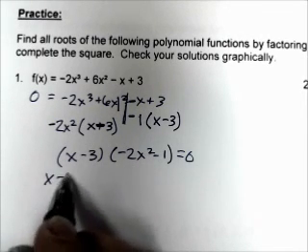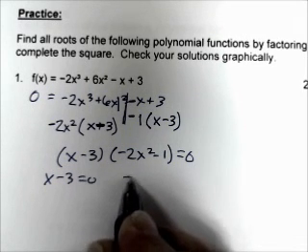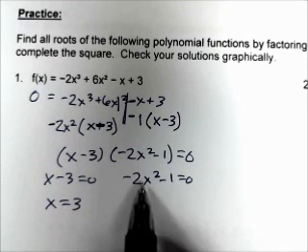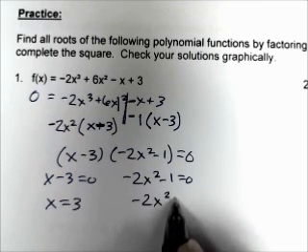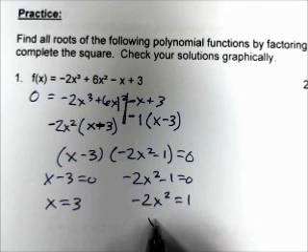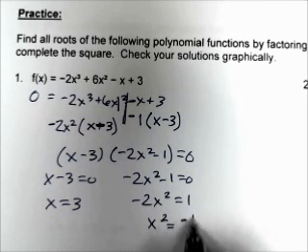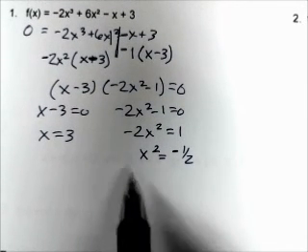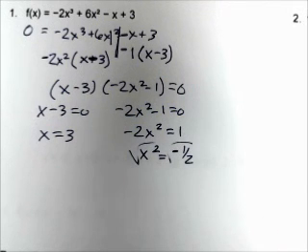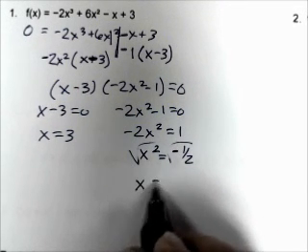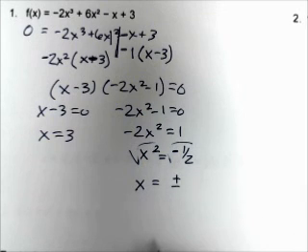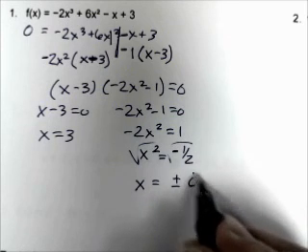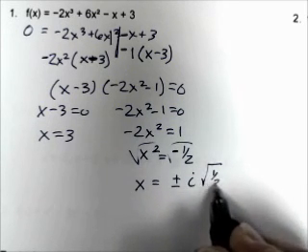Let's set each factor equal to 0 and solve. x equals 3. Add 1, and divide by negative 2. x squared equals negative 1/2. Got a bit of work to do yet. Now square root both sides. So we have x equals plus or minus, I'm going to pull out the negative, i square root of 1 over 2.